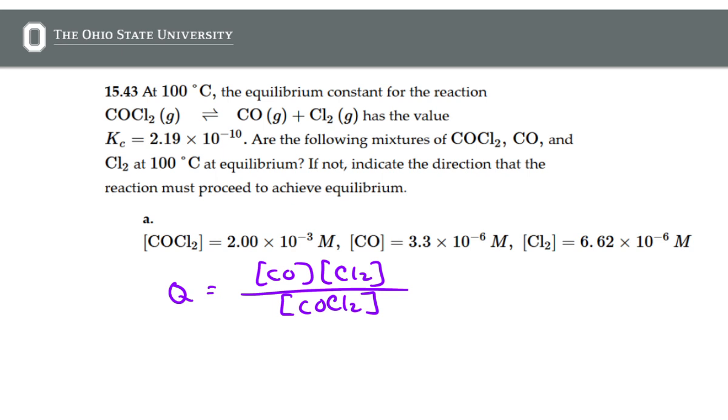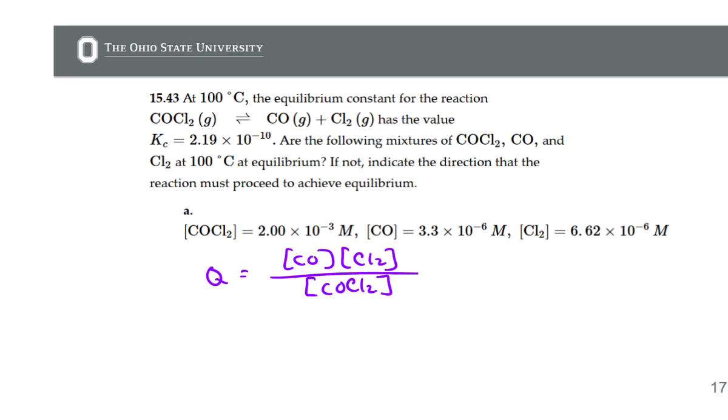All right, let's take a look together. In our problem, we are given concentrations, maybe not equilibrium concentrations. We're given concentrations of COCl2 of 2 times 10 to the minus 3, carbon monoxide 3.3 times 10 to the minus 6, and chlorine gas 6.62 times 10 to the minus 6. So we want to figure out if we're at equilibrium.